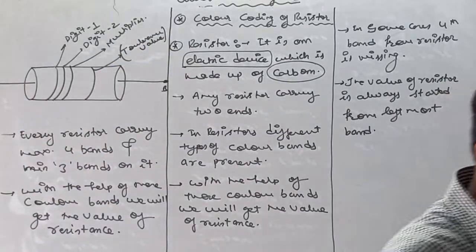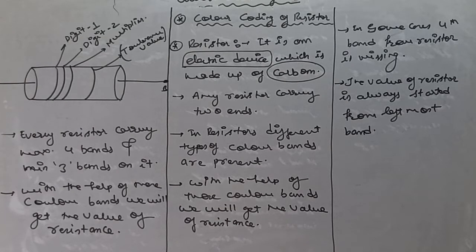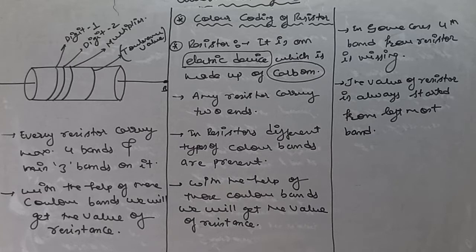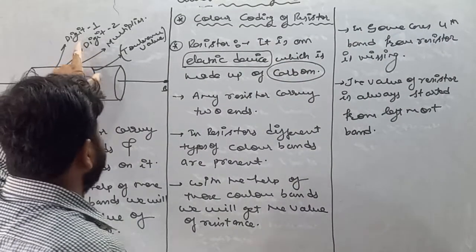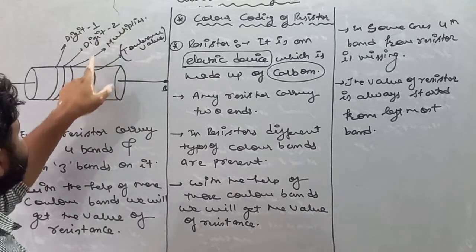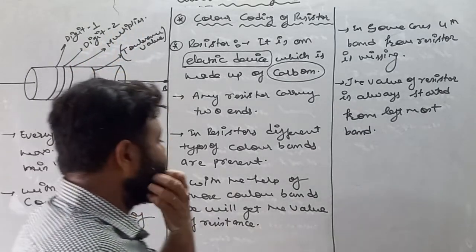So remember, any resistor is made up of carbon, first thing. Second thing, the value of a resistor is found by the color bands which are present on the resistor. Third thing, always maximum 4 bands and minimum 3 bands are present on a resistor. Next thing is, we have to calculate the value of resistance of a resistor always from the leftmost end. So the first band from the left is digit 1, second is digit 2, third is multiplier and fourth is tolerance value.